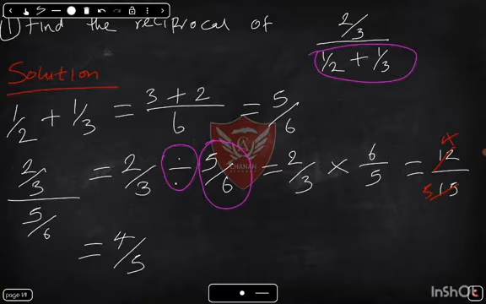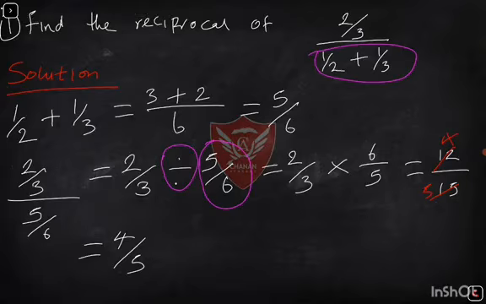But don't forget, the question says find the reciprocal of. So it is the reciprocal we are looking for, and reciprocal is the inverse. So the reciprocal is 5/4, and this is our answer.